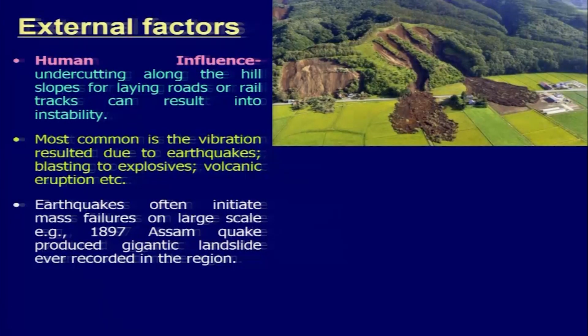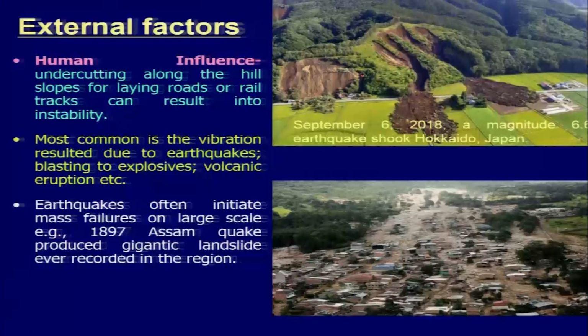This is from the recent Hokkaido earthquake of Japan, where a massive landslide was triggered. This earthquake was triggered on 6th September 2018, magnitude was 6.6, and the landslide which was triggered was quite massive.